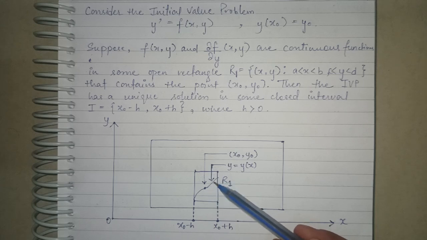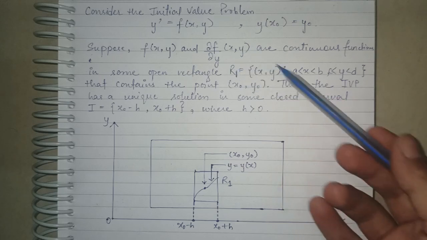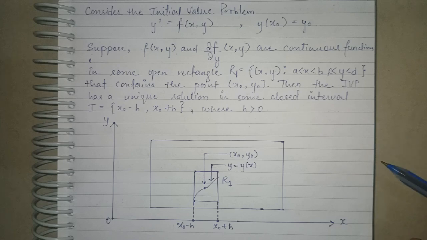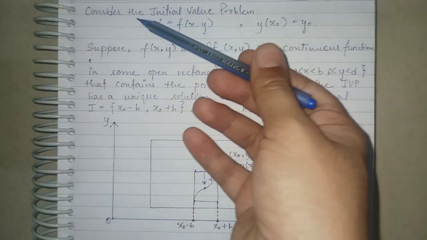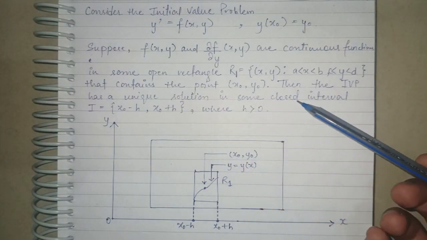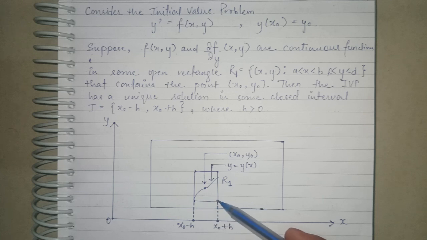So it is continuous in this region, and if you calculate its partial derivative and it also comes out to be continuous in this region, then we can say that our initial value problem will have a unique solution in this interval. The interval is x naught minus h to x naught plus h. Why?